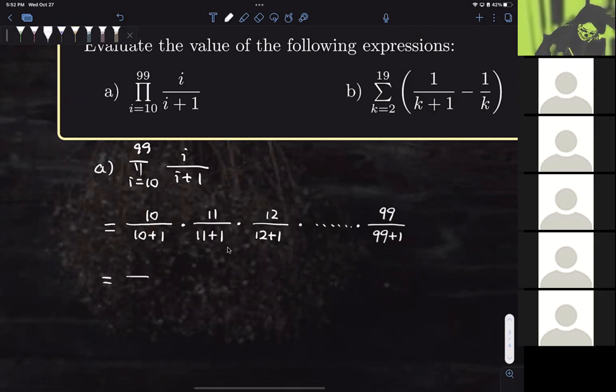So that's 10 over 11 times 11 over 12 times 12 over 13, and so on, till 99 over 100. And you can see that those canceled out. So this is 10 over 100, which equals 1 over 10.